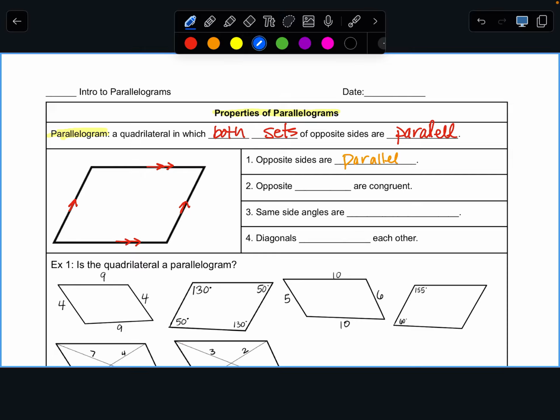Opposite angles are congruent. That means these angles are congruent, the ones that are opposite each other, and these two are congruent. Oh, I forgot a word.